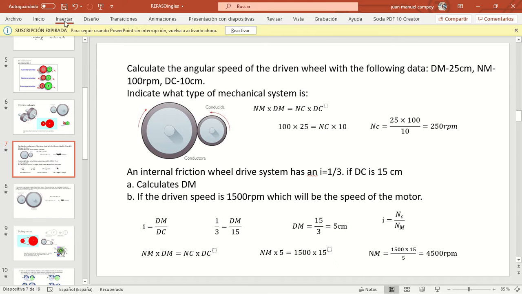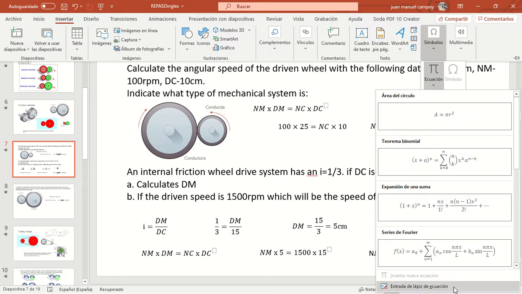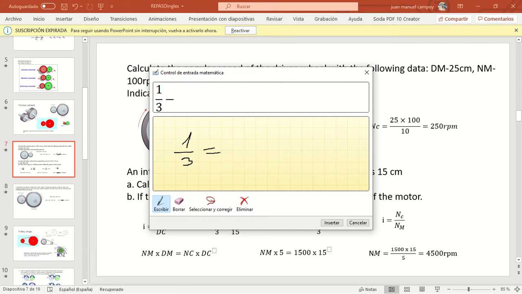So 1 between 3 is 1500 between the speed of the driver.